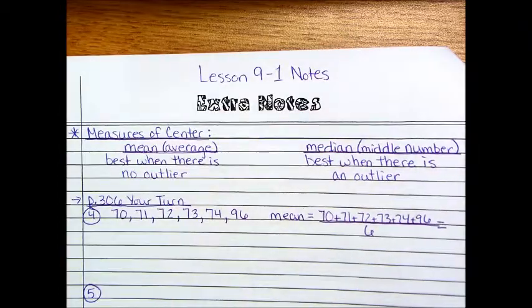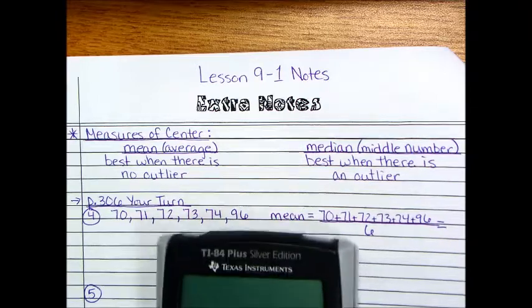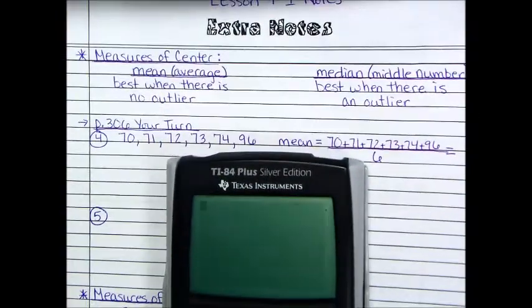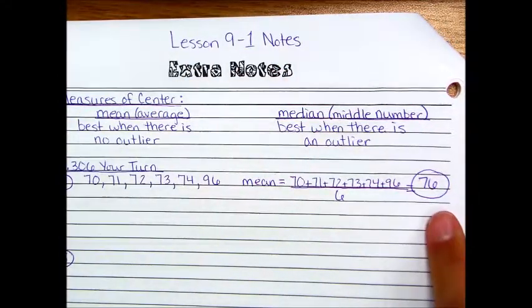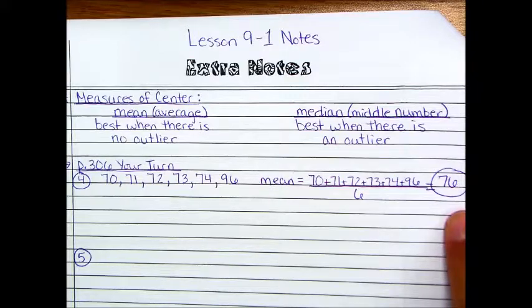Okay? So you are going to do 70 plus 71 plus 72 plus 73 plus 74 plus 96. Make sure you have all 6 numbers typed in, and then divide by 6. So mean is 76. Okay, his average score was a 76.